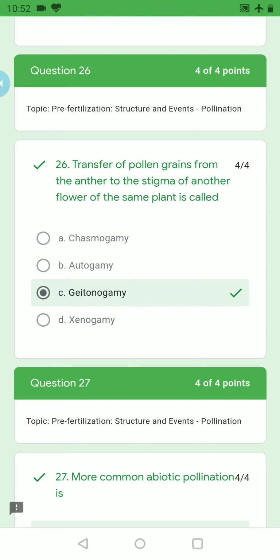But remember, it is functionally cross-pollination and requires pollinating agents, but genetically it is similar to autogamy since the pollen grains come from the same plant. Got it? Yeah. So which is the right option? Yes, C.